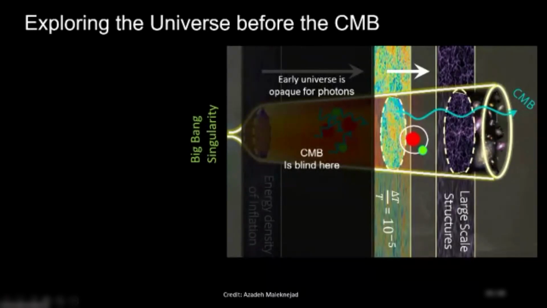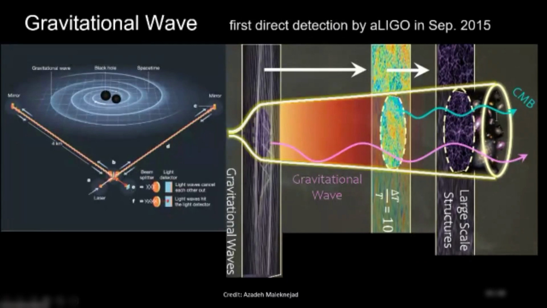So I take you back to this picture that I showed you before. I told you the CMB, this image of the universe back then in time, told us all this. Can we ever get to know something from earlier times? Can we go back even more in time and get closer to the Big Bang itself? Yes, we can. Because since 2015, the LIGO collaboration has discovered gravitational waves.